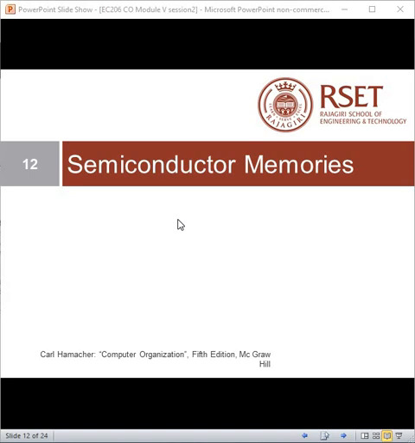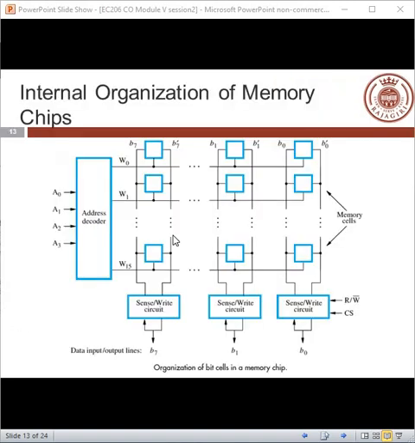Here we will see the organization of semiconductor memory. First we will see the organization of a 16 into 8-bit memory. Here we need to store 128 bits, and we need to access this data as 8-bit elements or byte elements.